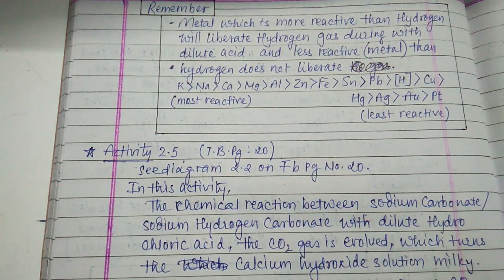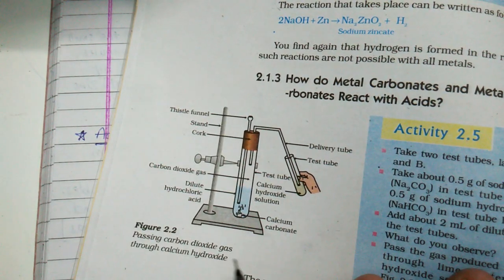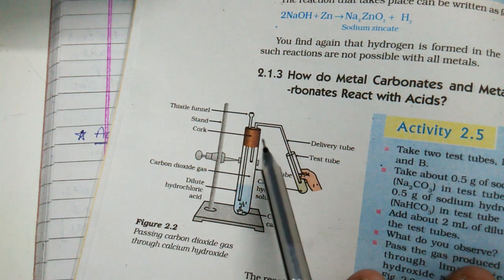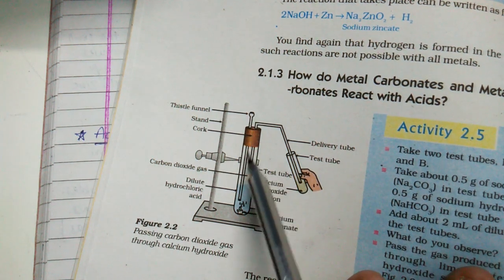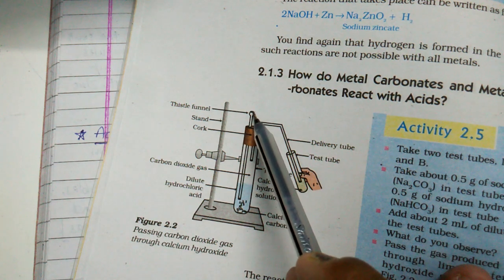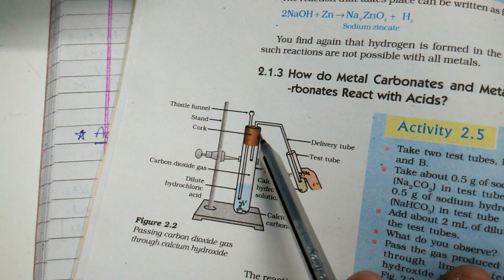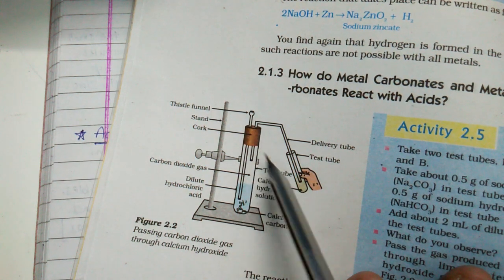Now activity 2.5. This is also with a diagram. So here is a test tube. There is a two-hole cork. In one hole, the thistle funnel, and in the other hole, the delivery tube.